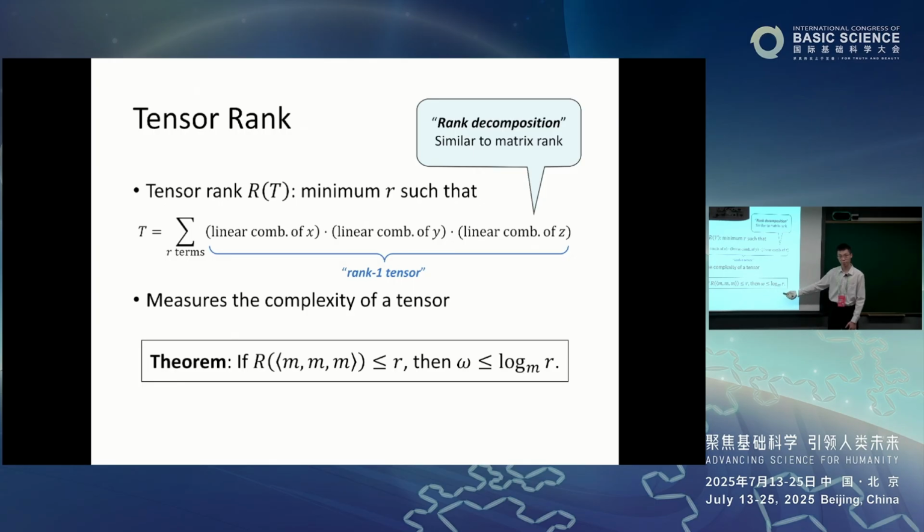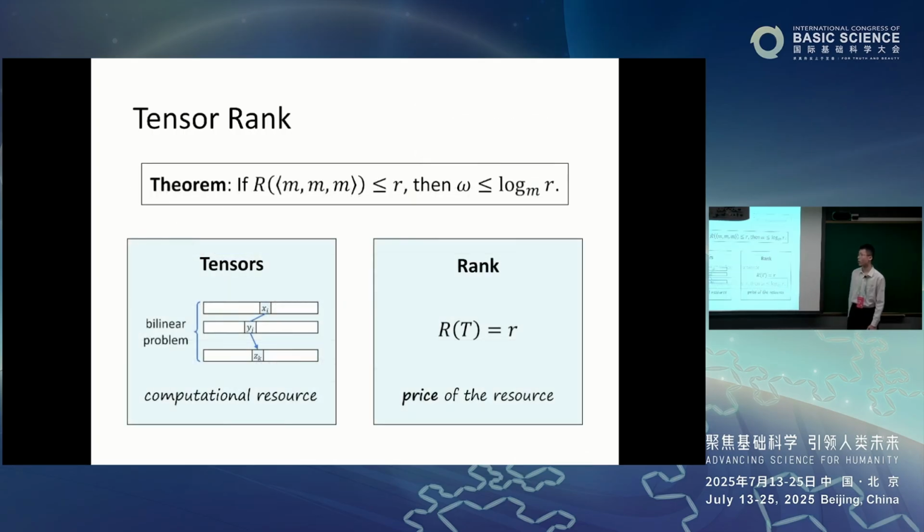How I personally understand this theorem is as follows. We already know that tensors describe bilinear problems, and we view them as computational resources. And the rank of the tensor corresponds to the price of this type of resource, which means that when the rank is higher, it is more difficult to obtain this tensor as a computational resource.